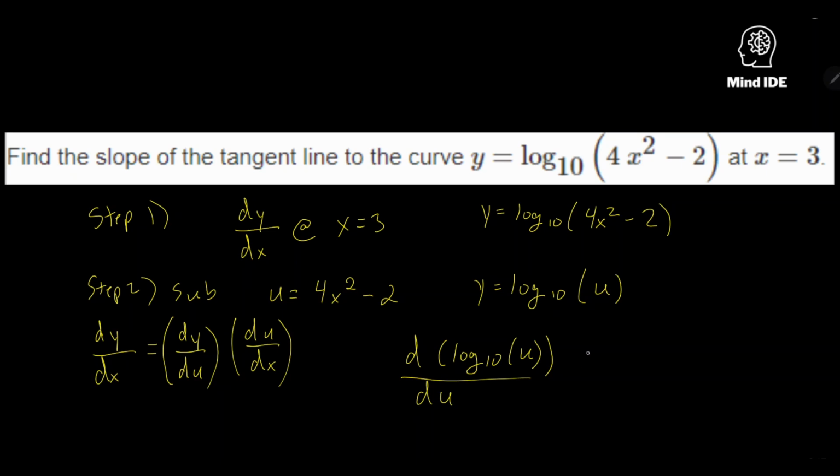All right. What we can actually do is rewrite this. Log base a of x equals natural log of x over natural log of a. So if we rewrite this here, then we've got d over du of natural log of u over natural log of 10.